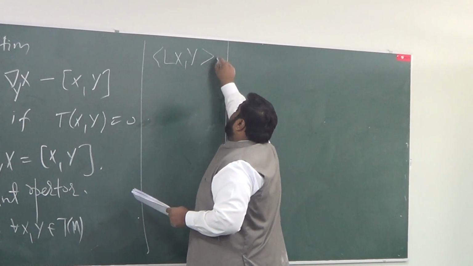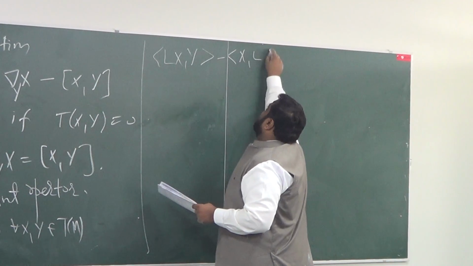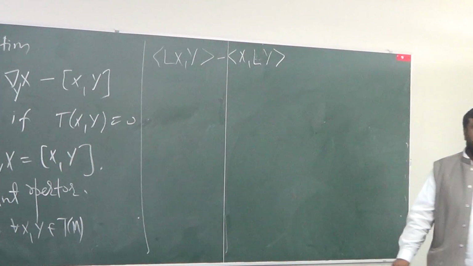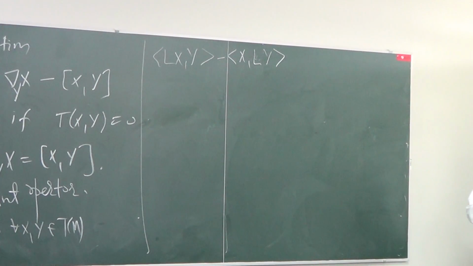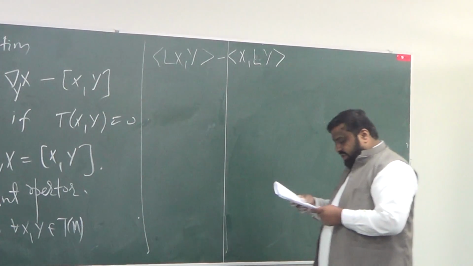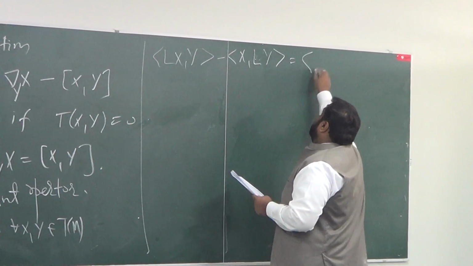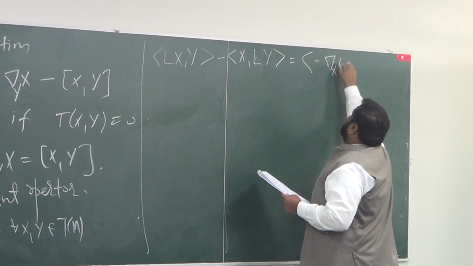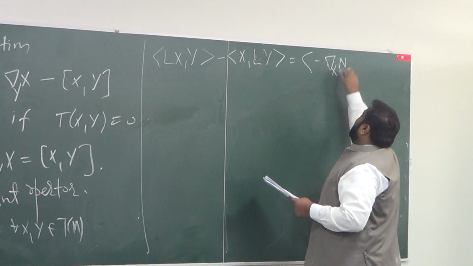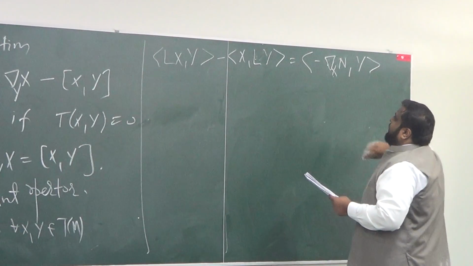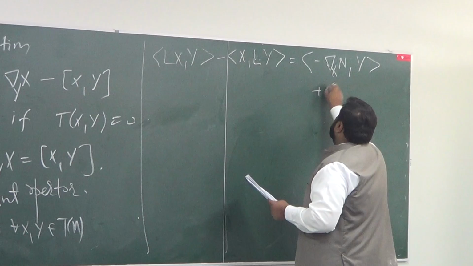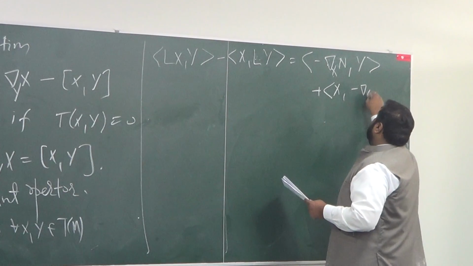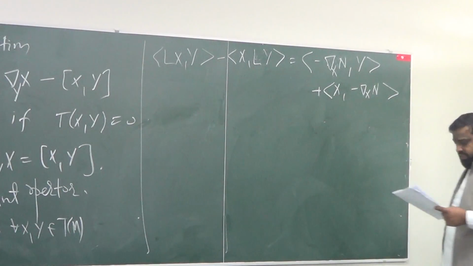The inner product of Lx, y minus x, Ly. I'm interested in proving that this must be 0. So this is what I would like. By definition, this will be minus the covariant derivative of the normal vector in the direction of x in a product with y, plus x with the covariant derivative of the normal vector in the direction of y.